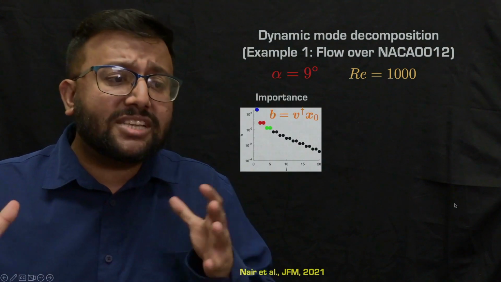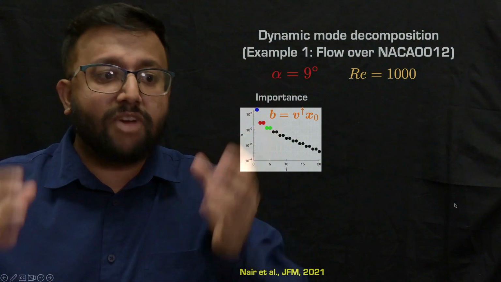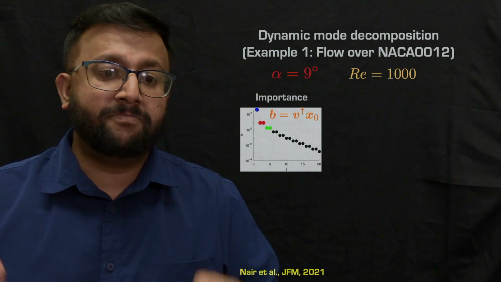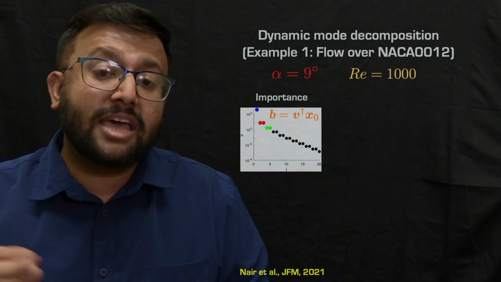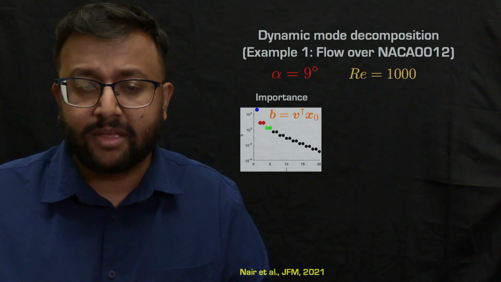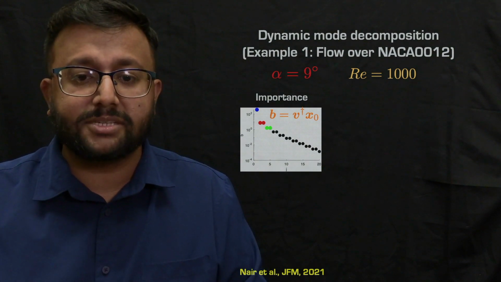So first, just like we organized the structures by their energy content in the POD modes, we can organize them by their dynamic importance in DMD. So how do we actually quantify the dynamic importance?